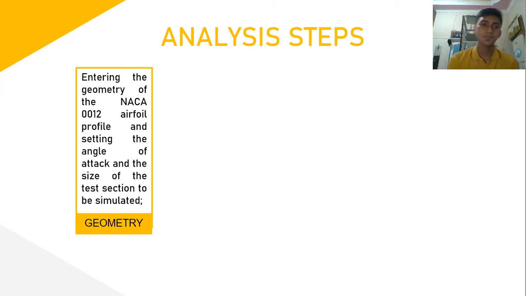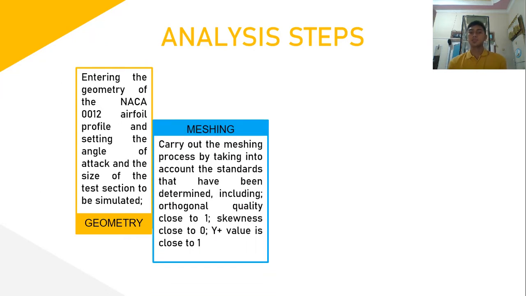The first one is the geometry. In the geometry step, we enter the geometry of the NACA 0012 airfoil profile and set the angle of attack and the size of the section to be simulated. After we create the geometry, the next step is meshing.